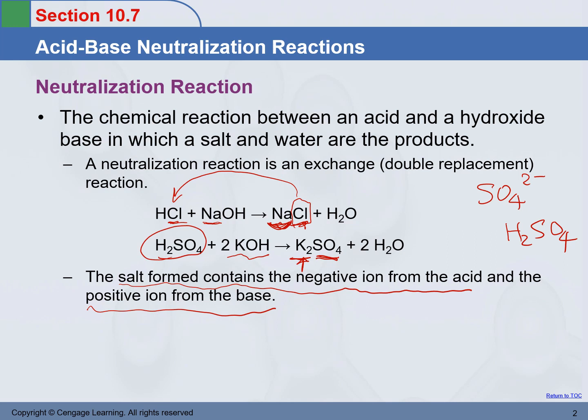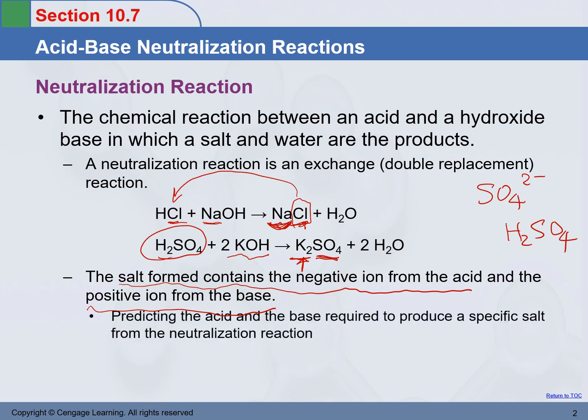What I just did is that, given a specific salt, you can predict from what acid and what base that salt can be prepared through a neutralization reaction. Anytime when an acid reacts with a hydroxide base, a salt will be produced.